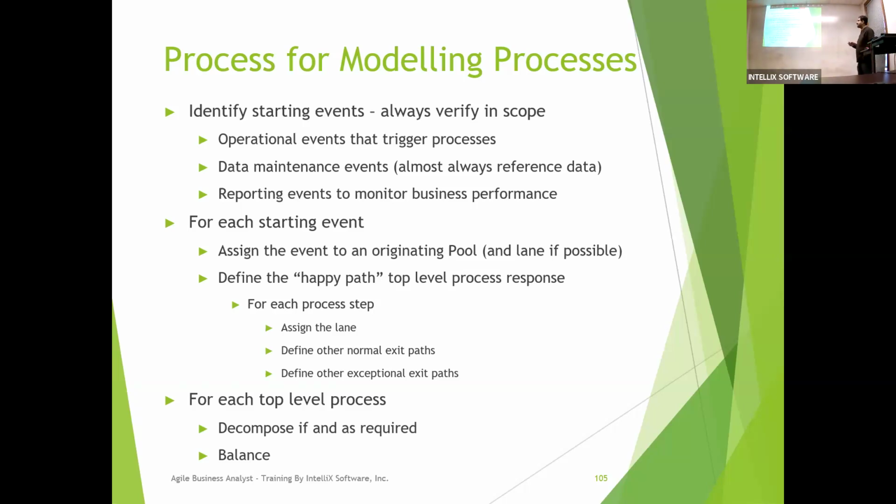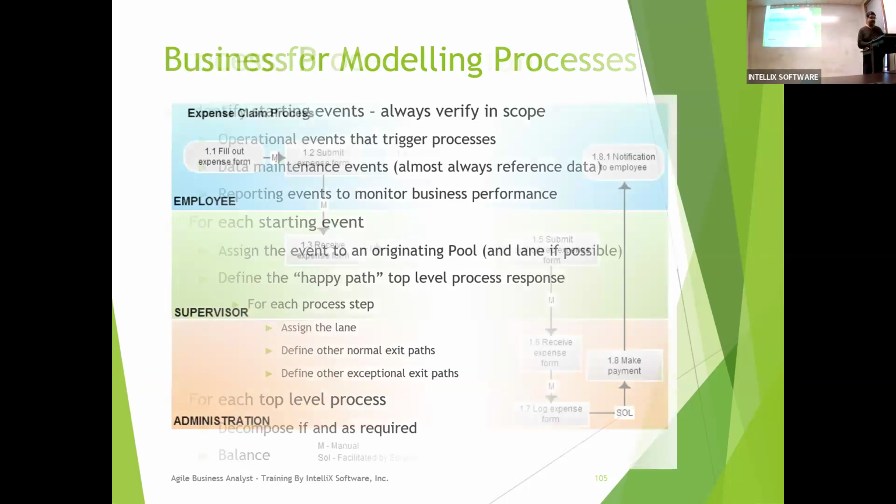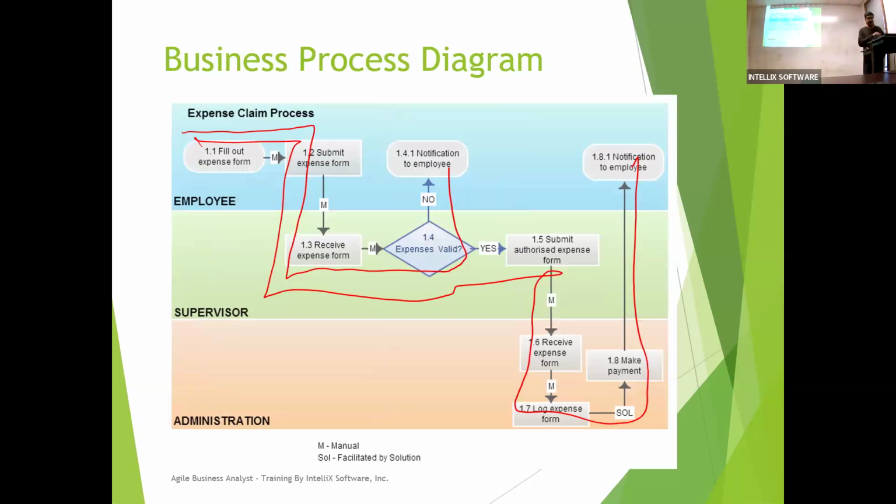Okay. And for each point, you need to understand which lane it belongs in. Identify what will be a happy path and what will be an exception path. So if you look into this one, the happy path is the long path, where everything gets approved.